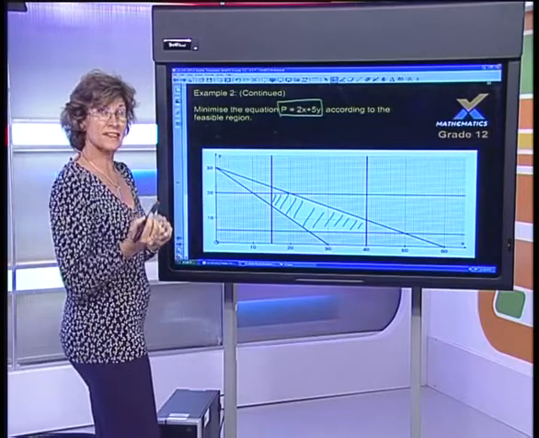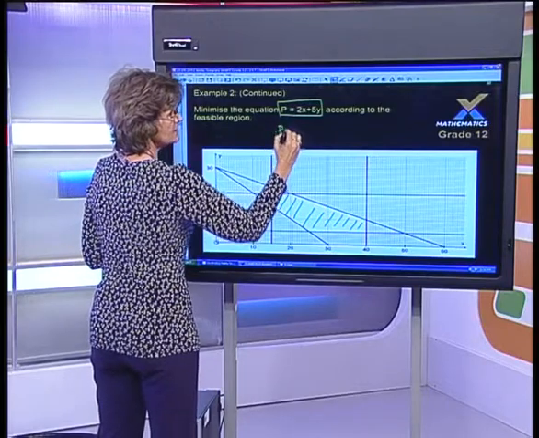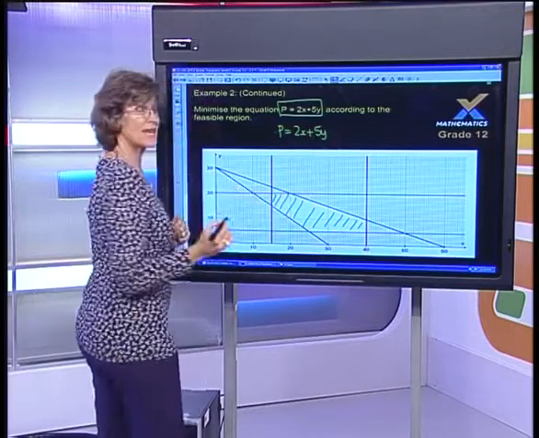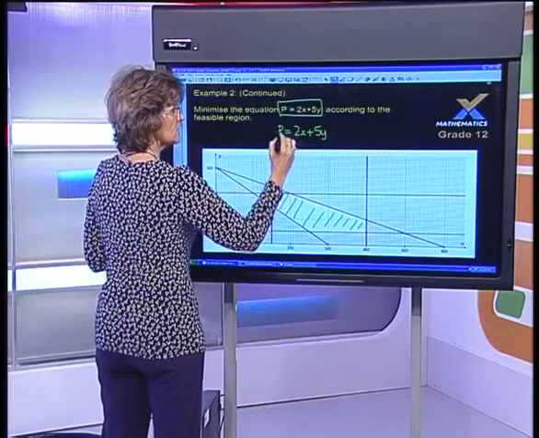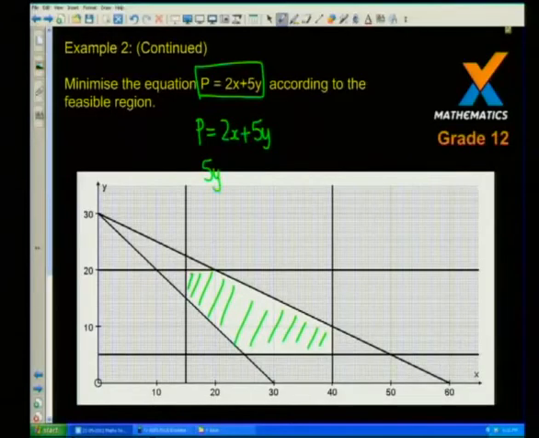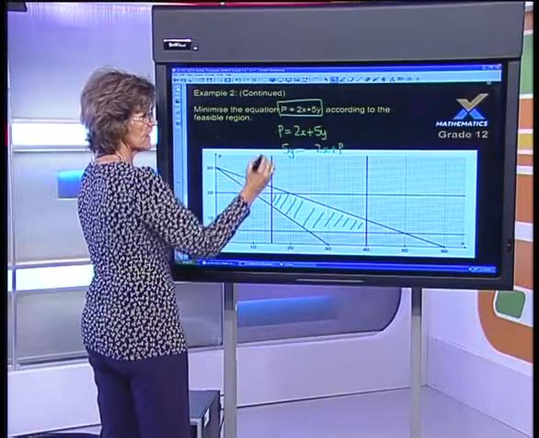So what is our method? We take our P is equal to 2x plus 5y, and we get it into the y form. So that means I'm going to take the 5y equal to negative 2x plus P. Please notice I've kept my y positive, and I've just transposed this onto the other side.